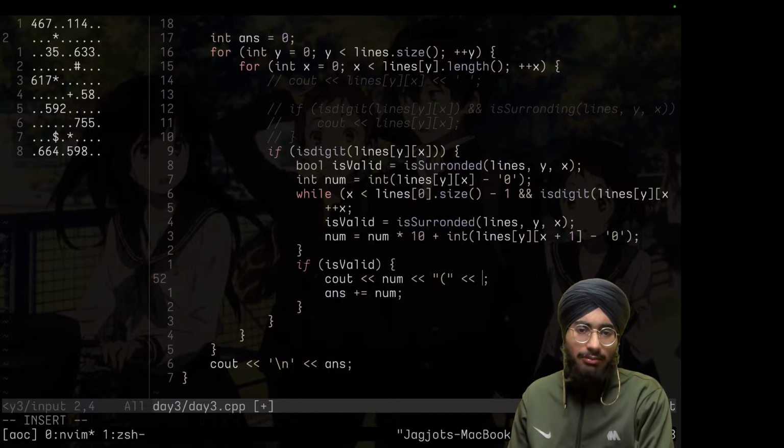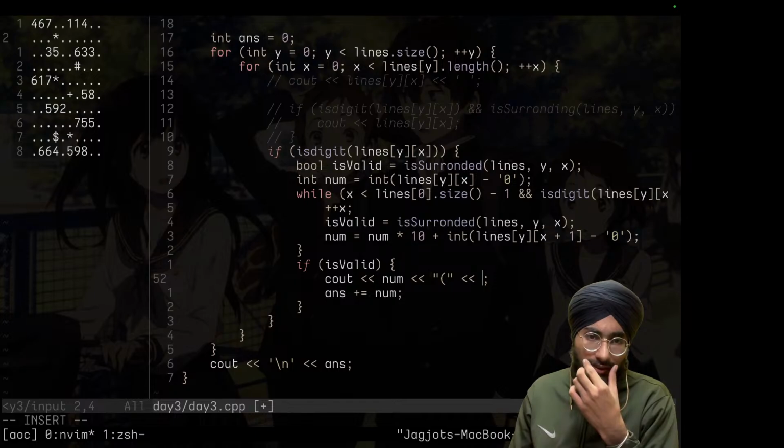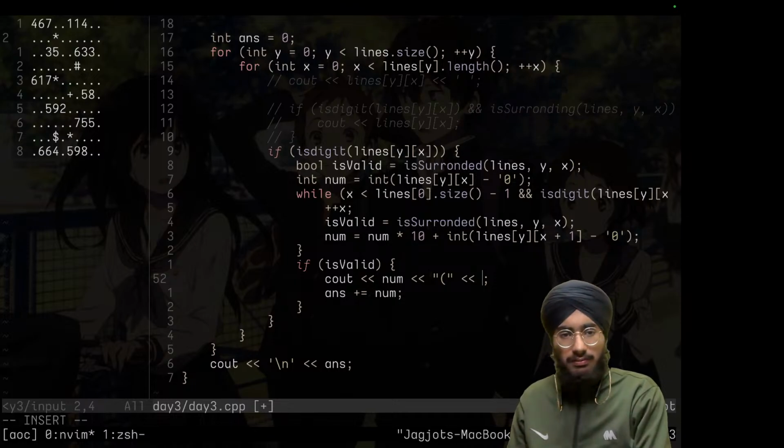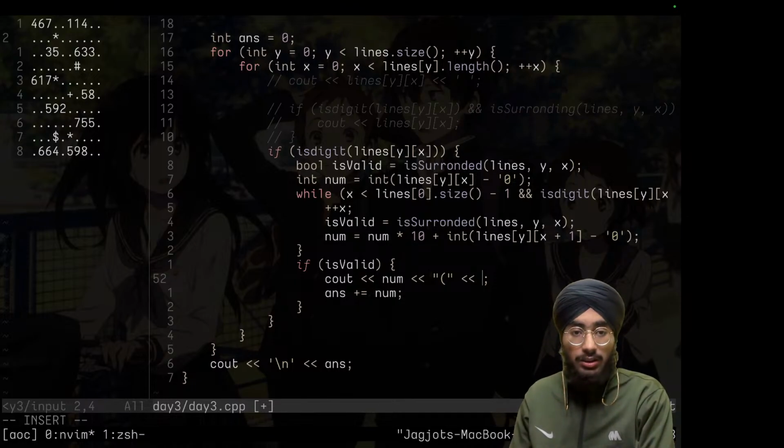We have to reset something, or is it fine? Let's see. At least we are not getting a segmentation fault.